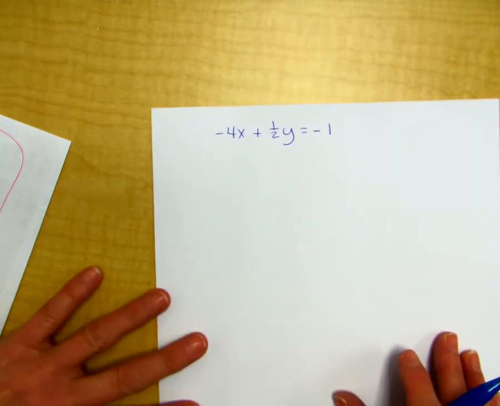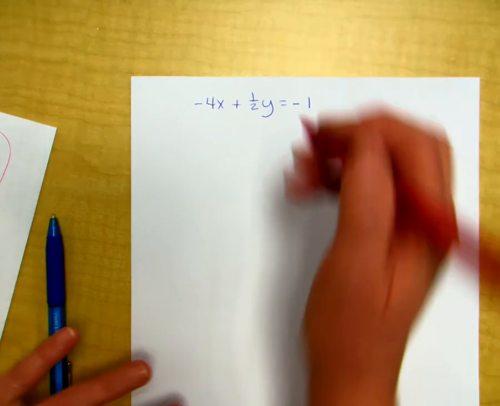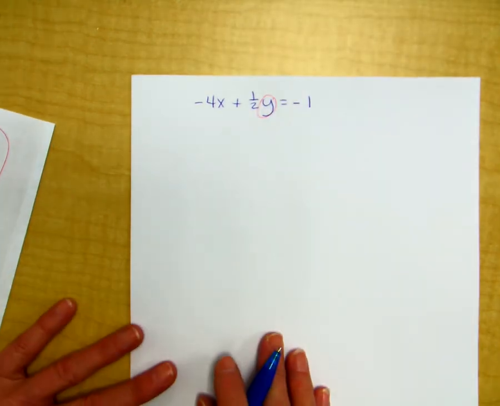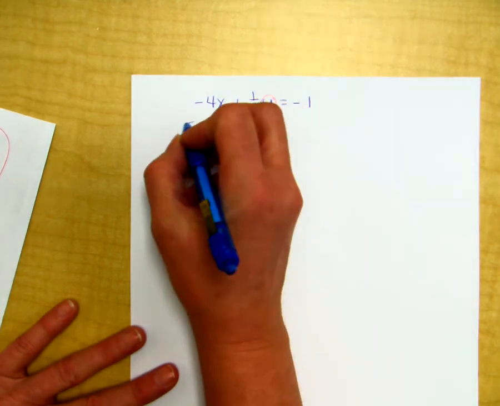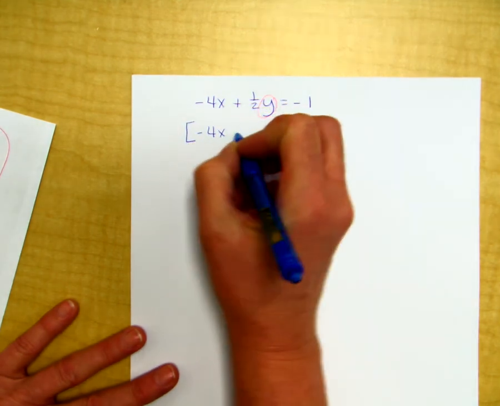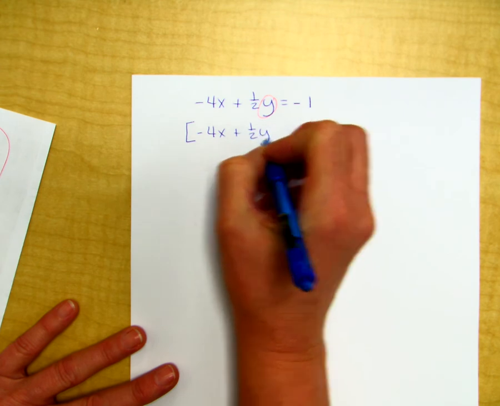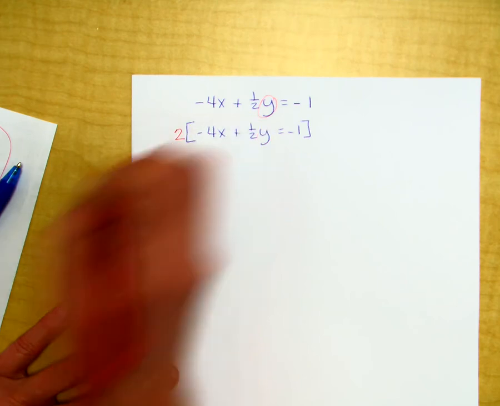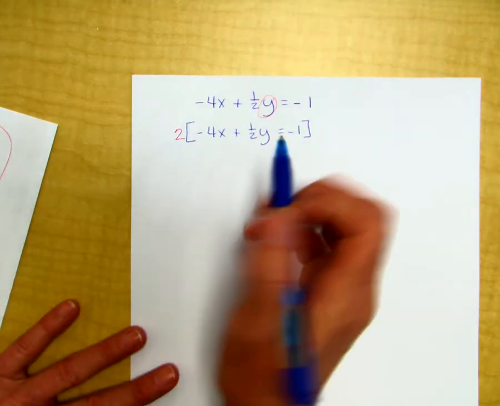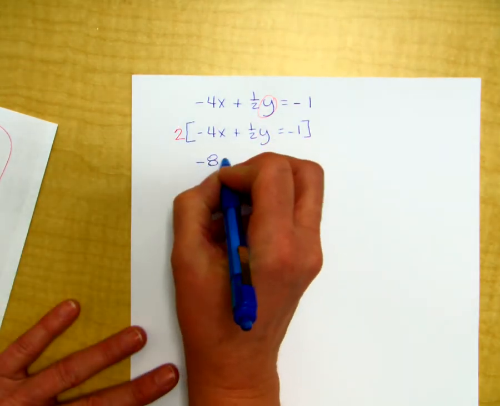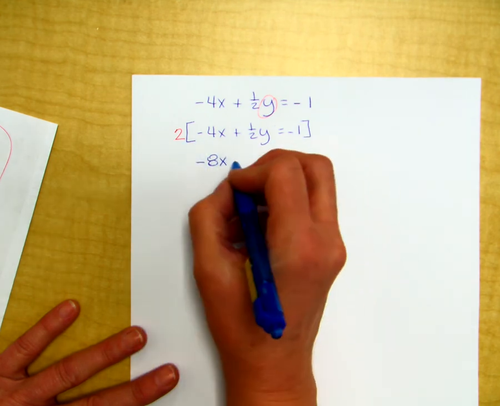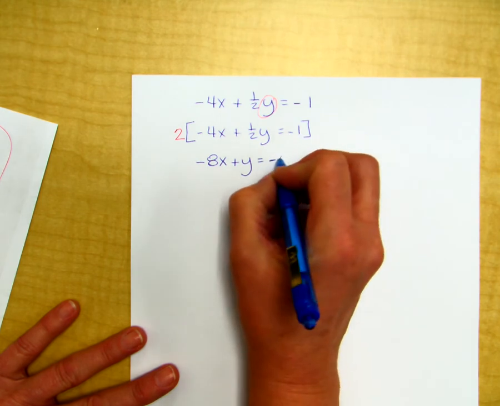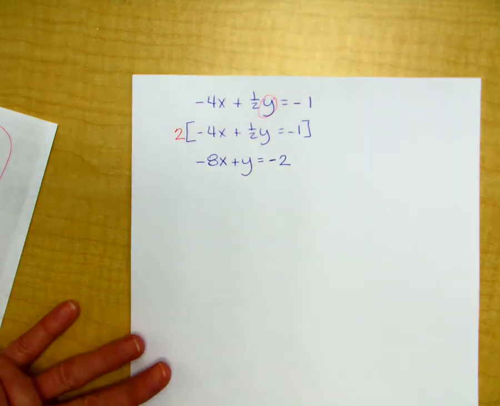So when we are solving equations, and again we are looking to solve for y, so this is the y that we are looking to isolate, we are in this case going to get rid of that 1/2 by multiplying the entire equation by 2. So we're going to multiply everything by 2. 2 times -4x is -8x. 2 times 1/2 y is y. And 2 times -1 is -2. So we have cleared our fraction.